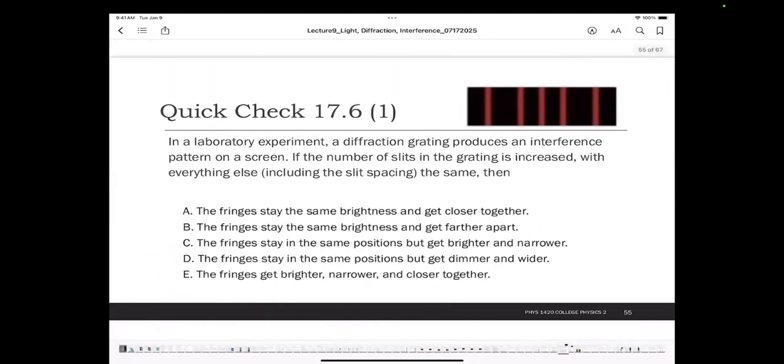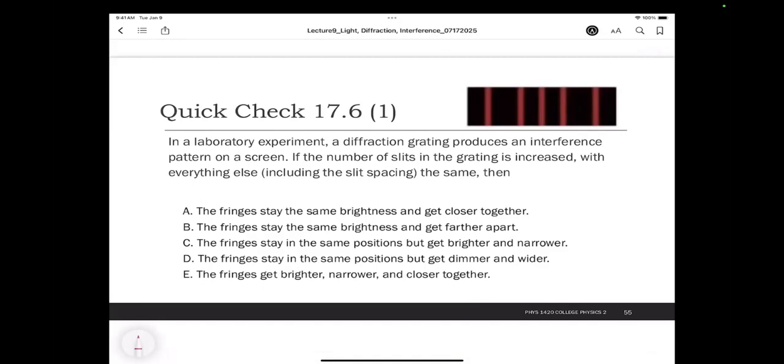Okay, let's continue. Let's talk about one quick check question. In a laboratory experiment, a diffraction grating produces an interference pattern on a screen. If the number of slits in the grating is increased with everything else the same, including the slit spacing, then, okay, we have already talked about that.